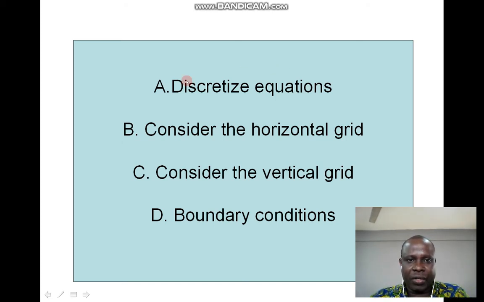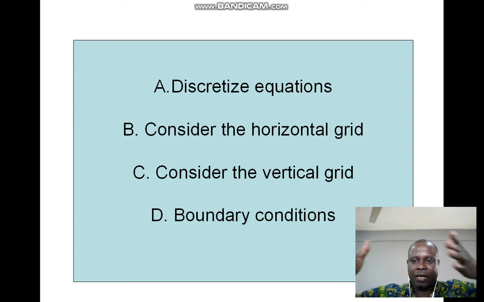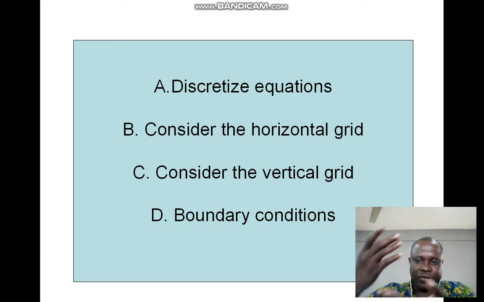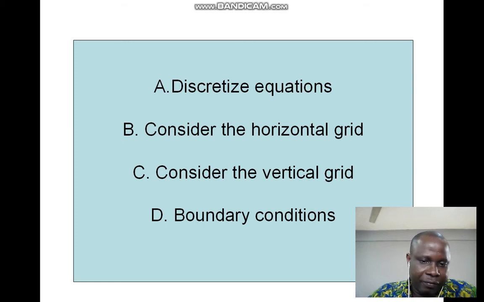So that is called discretization. And in doing that, you also have to consider the horizontal grid, which we'll talk about, and the vertical grid, which I'll also talk about. And then you have to consider boundary conditions: what are the conditions at the boundary, whether the surface or the bottom of your domain. You have to consider all these things when you are modeling. Okay.